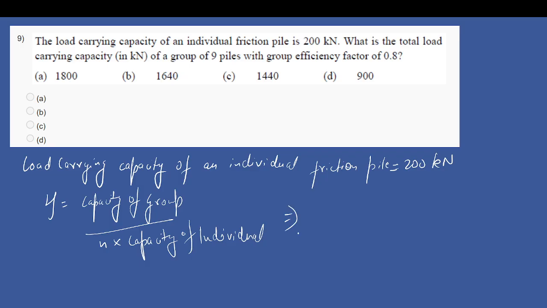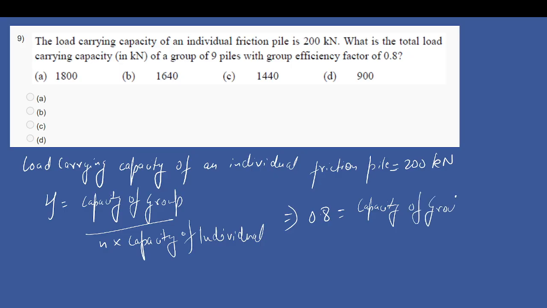So eta, if you check, is given to you as 0.8, capacity of the group. Not given, sir. It's not given, sir. So we need to determine the capacity. Yes, sir.